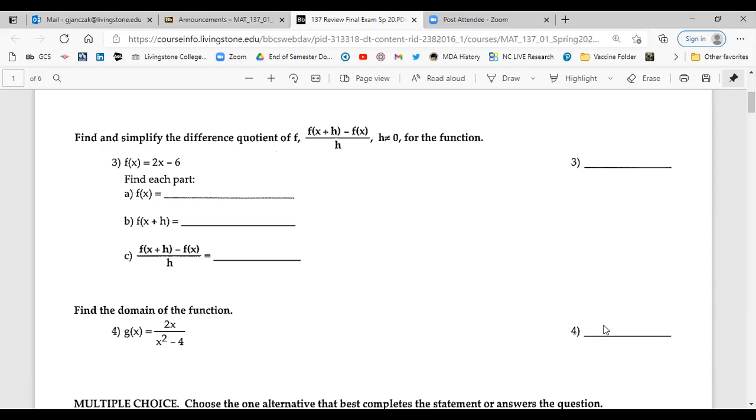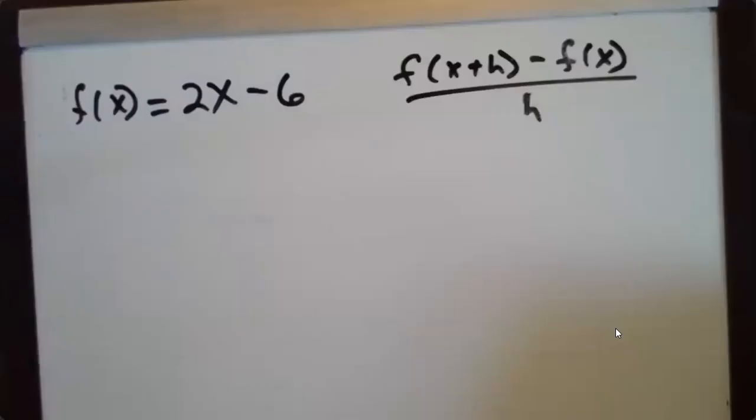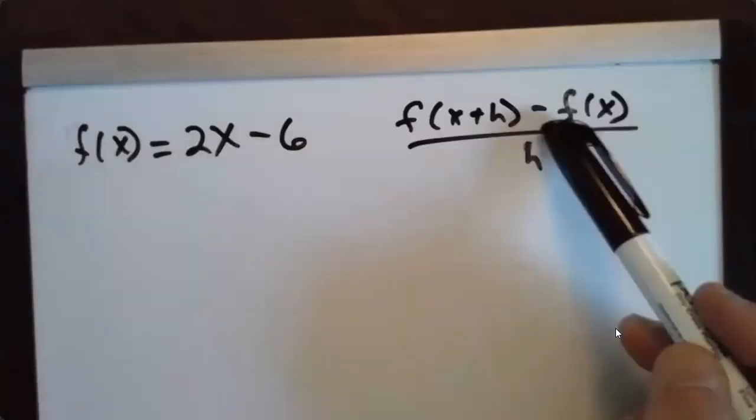f of x equals 2x minus 6. And the difference quotient is f of x plus h minus f of x all over h. All right, so there's 3 steps basically to this process, and you're following the formula.